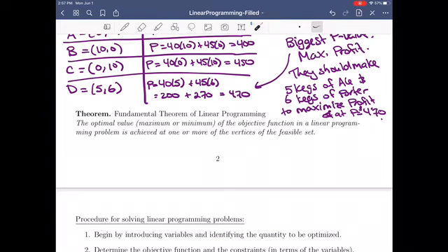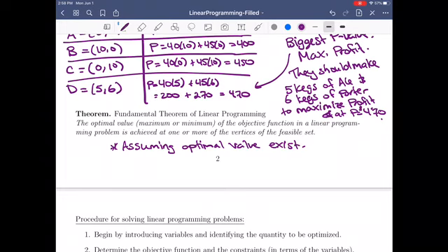So the optimal value, so the maximum or the minimum of the objective function is achieved at one or more of the vertices of the feasible region. Now I should say this is assuming the optimal value exists. Okay, which I'll talk about a little bit, but in our course they will exist. We're not going to ask you for ones that do not exist.